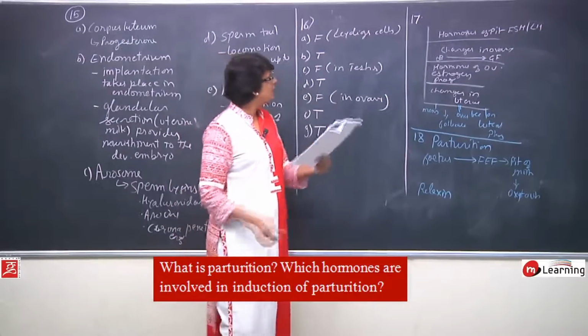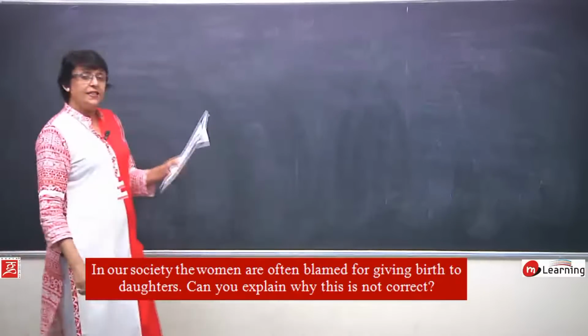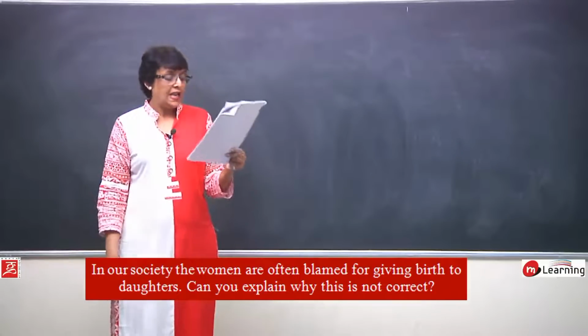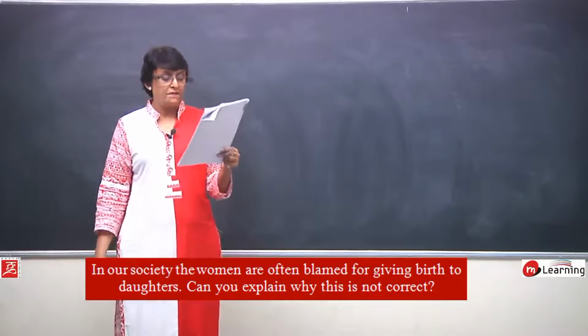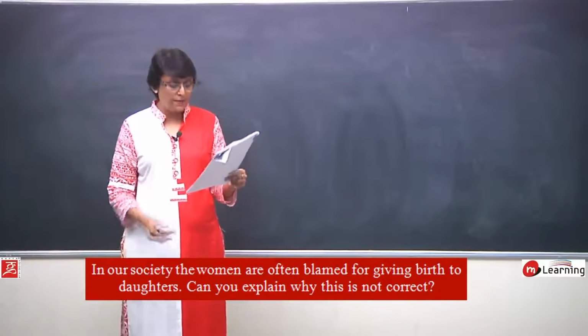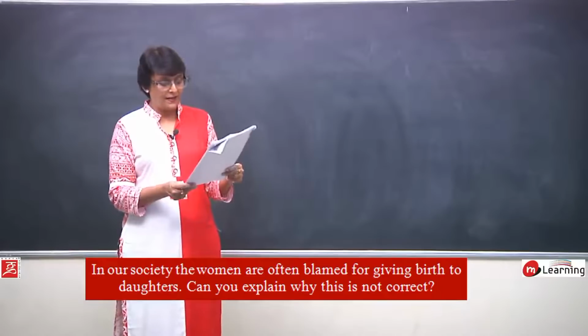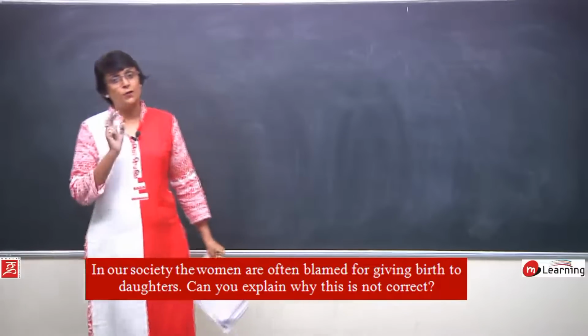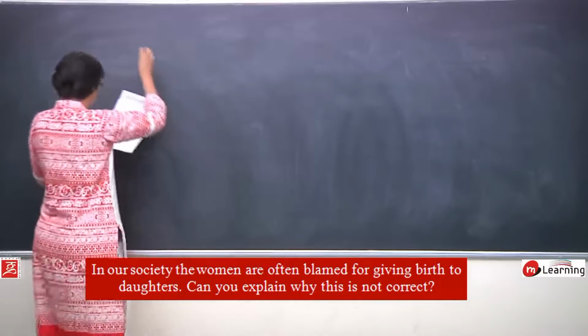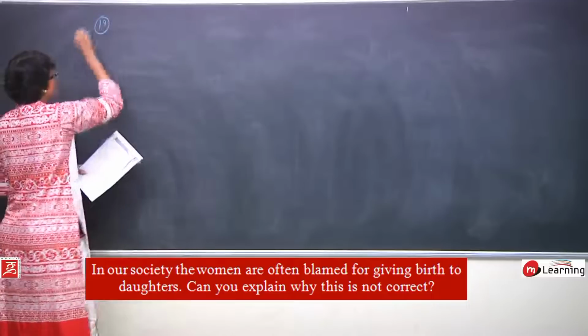19th question. 19th question is, in our society, the women are often blamed for giving birth to daughters. Can you explain why this is not correct? If you remember, let us write down the question number first, 19th.